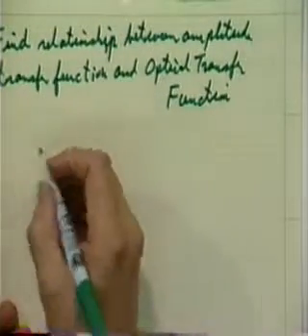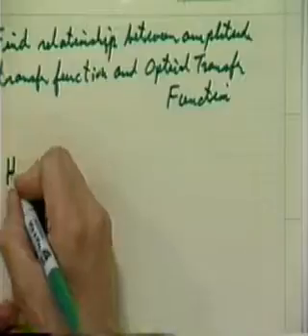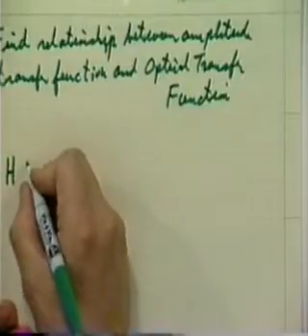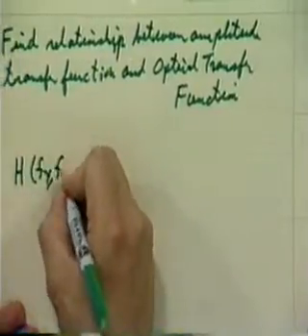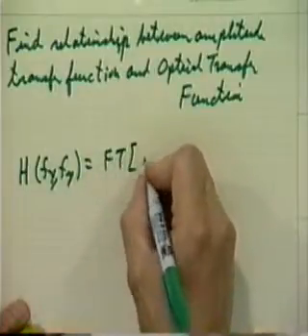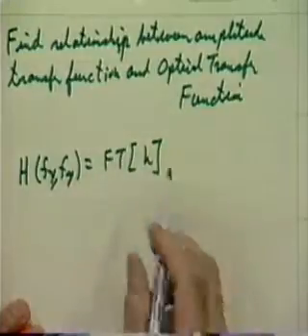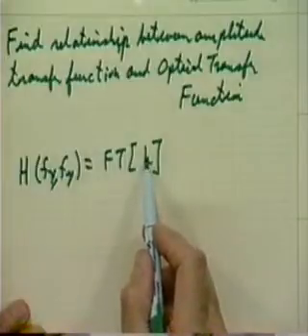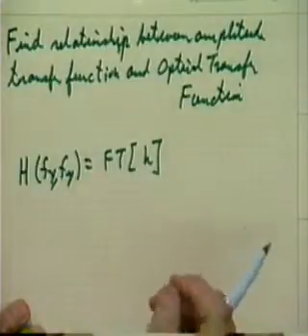From last class we had that the coherent transfer function, capital H of f sub x, f sub y, was the Fourier transform of the amplitude spread function h.